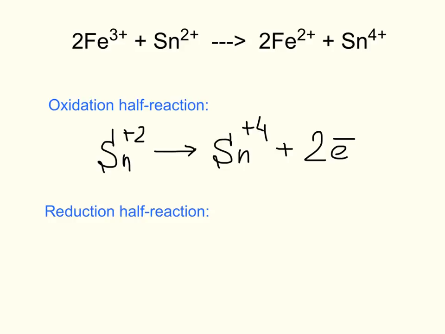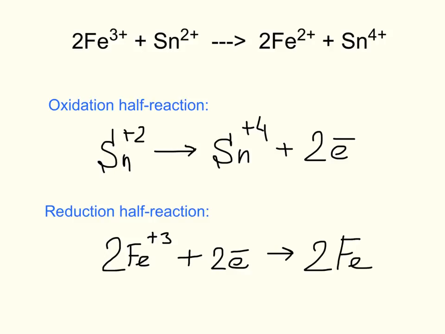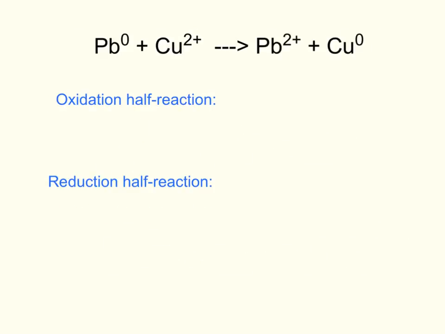And when it comes to the reduction half reaction, 2 irons with oxidation number plus 3 accepted those 2 electrons. They come right here to produce 2 irons plus 2.